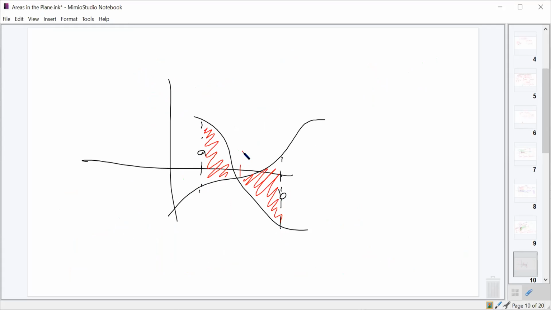We'd have to find this value c, and integrate from a to c, the upper minus the lower, and add that from c to b, the upper minus the lower, which in this case becomes g minus f.